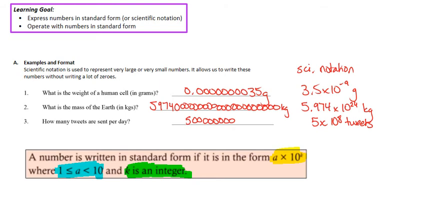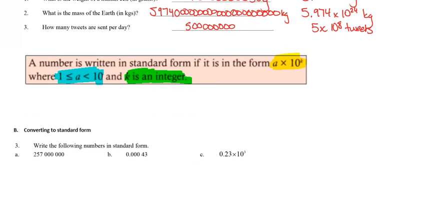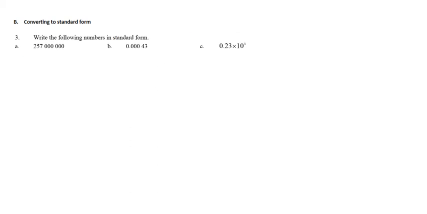So let's try some conversions as an example. We have some numbers we can try to convert to standard form. We'll do the first example, which is 257 million. When you're converting, a good rule of thumb is to look for the first significant figure in the value. That basically means look for the first non-zero digit.